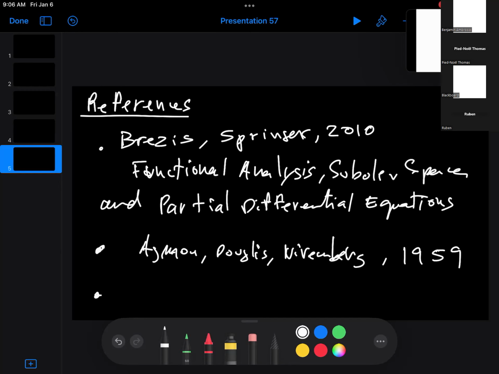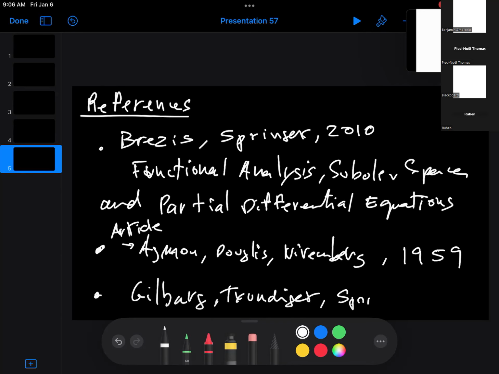Gilbarg and Trudinger. This is not an article, it's a book. It's Springer, and it's specifically on elliptic partial differential equations.